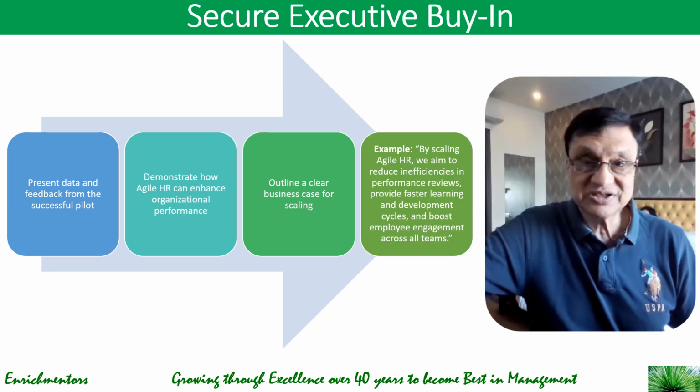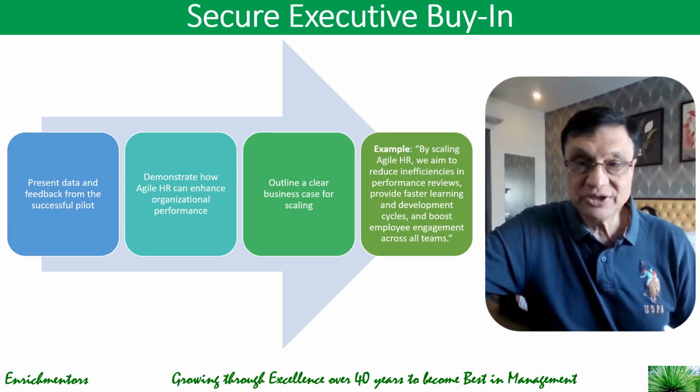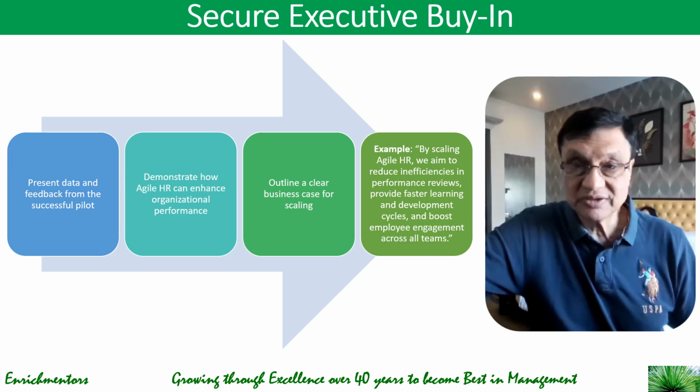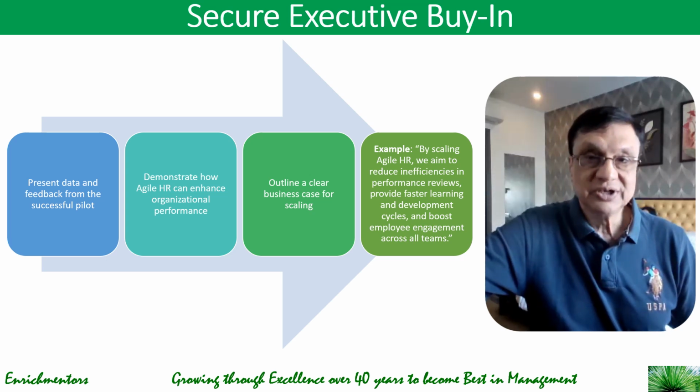This business case should highlight what you are getting, and it could simply be one paragraph, such as: by scaling Agile HR, we aim to reduce inefficiencies in performance reviews, provide faster learning and development cycles, and boost employee engagement across all teams. That can help you secure executive buy-in.